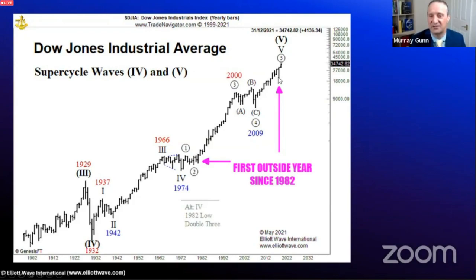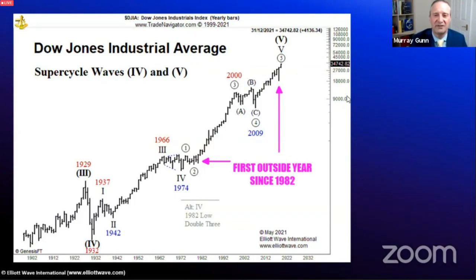But not only that, the outside year was outside the last 3 years. So if you're into Japanese candlesticks as well, you can see this is a potential hanging man on last year's yearly chart in the Dow. So if the markets do fall for the rest of the year, this will be an incredibly bearish signal, not just from an Elliott wave perspective, but also from a Japanese candlestick perspective.